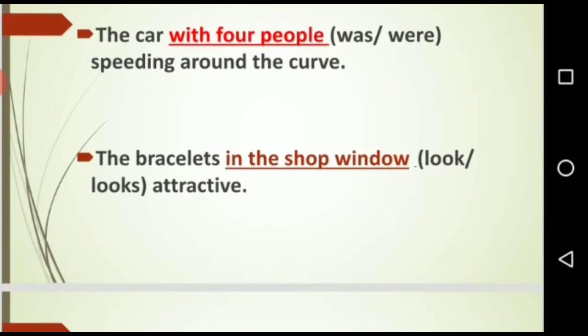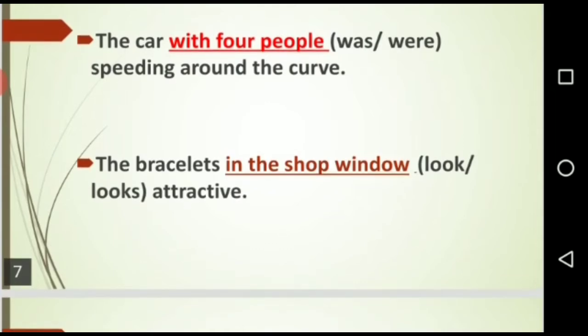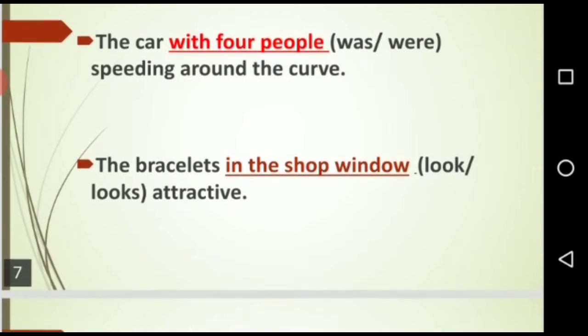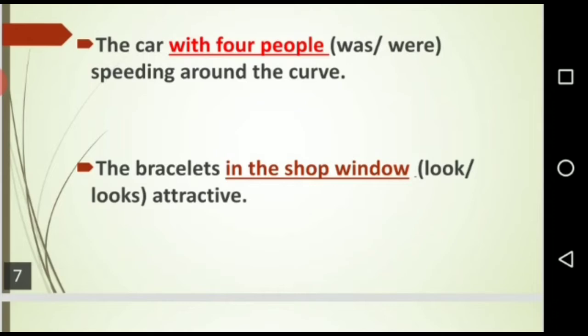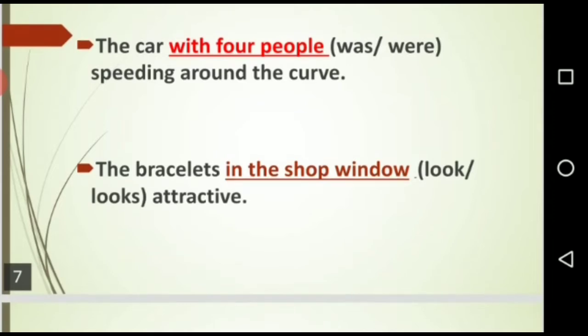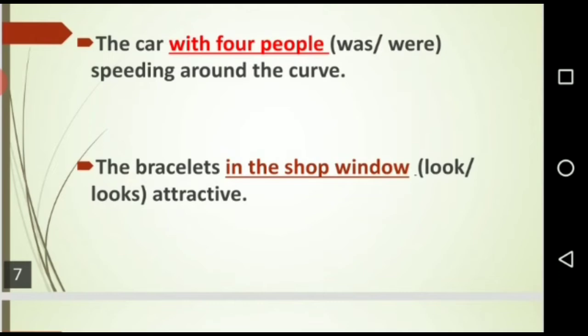Here is another example. The car with 4 people was or were speeding around the curve. Which is correct? Was or were? Did you identify the prepositional phrase in this sentence? The phrase with 4 people. So, what thing had 4 people inside? It was the car.